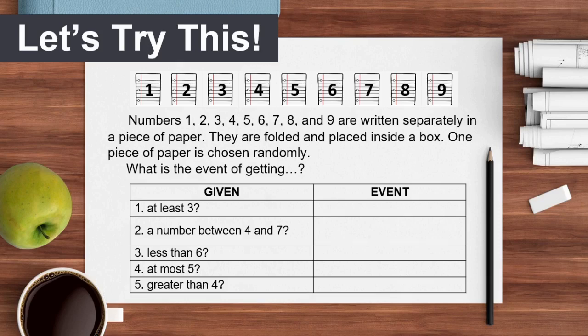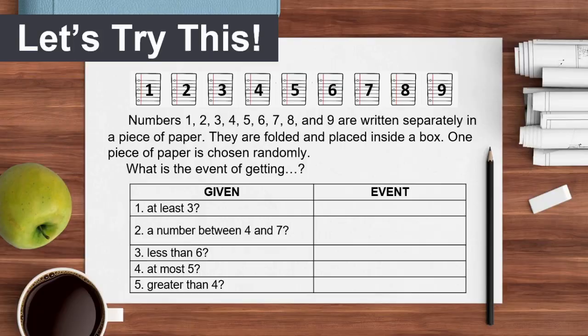Or what event will satisfy the given that a number that we're going to pick is between 4 and 7. So again, the answer here will depend on the given situation, and then you have to list it down. So the answer here is a set. What are the possible outcomes that will satisfy the given condition?